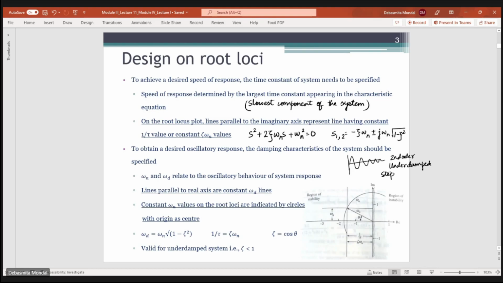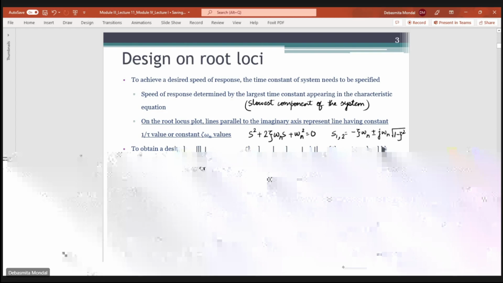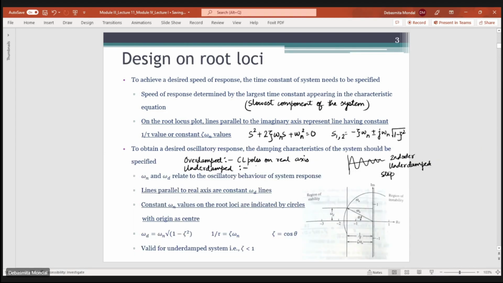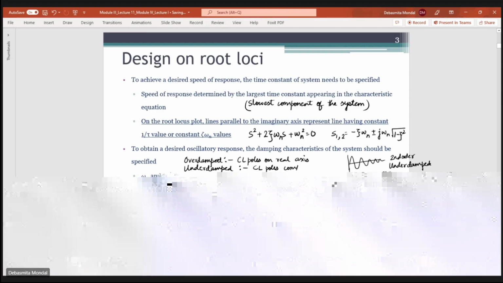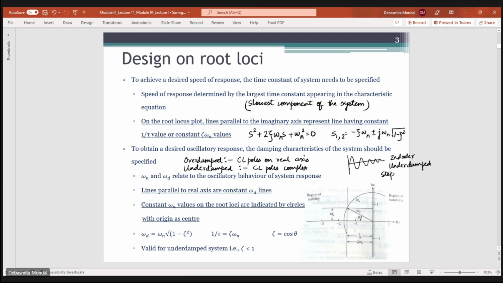Okay, so for overdamped, the closed loop poles are on the real axis. That means there will be no oscillations in your system. And for an underdamped system, the closed loop poles should be complex poles.